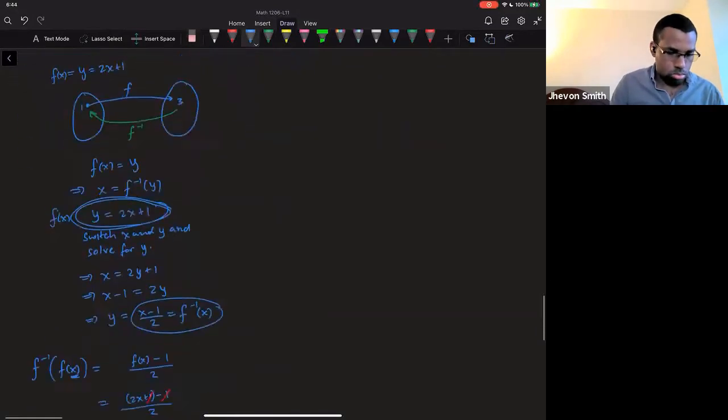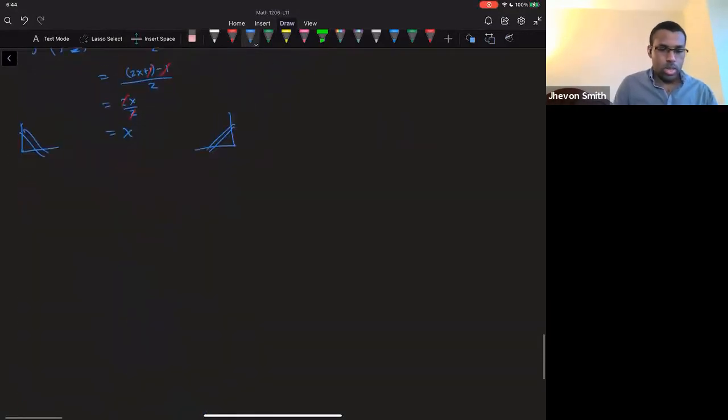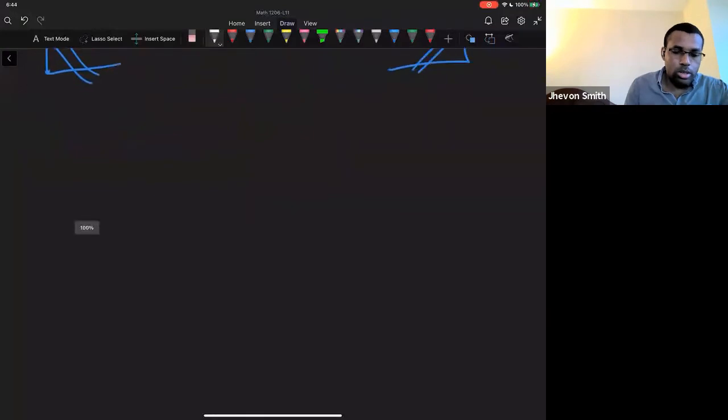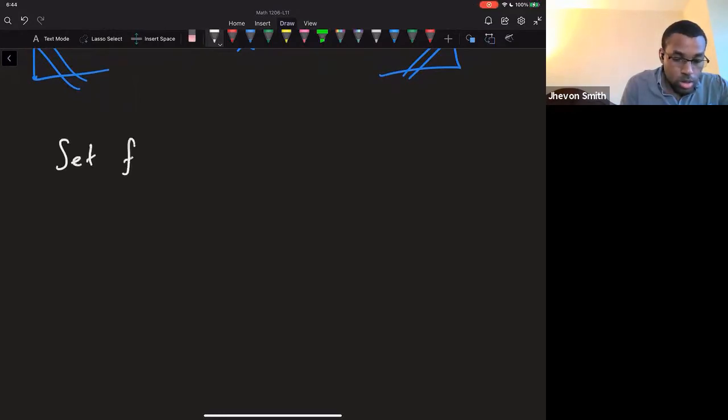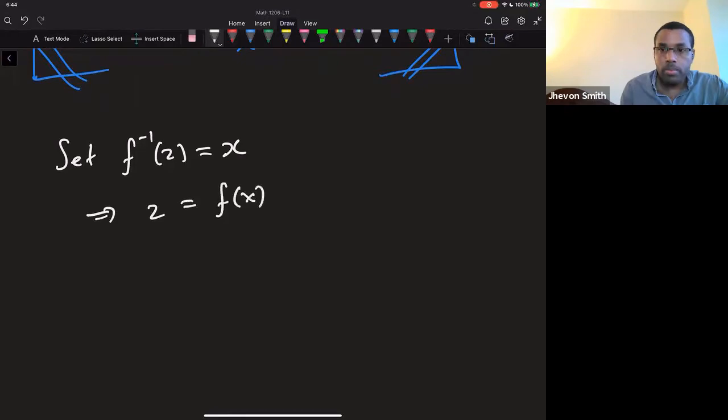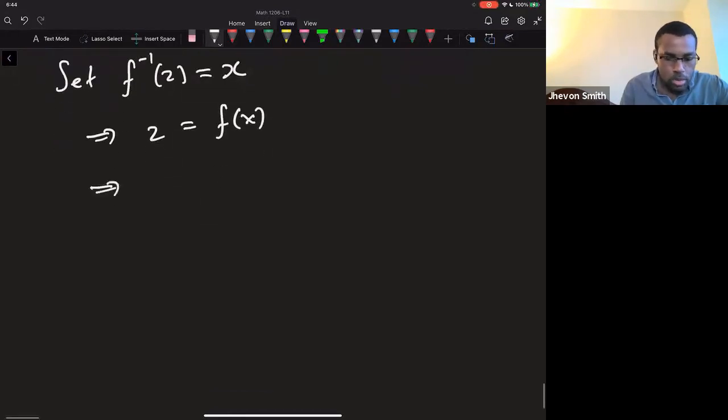So again, based on what we were saying about inverse functions yesterday, if you want to solve for f inverse of 2, you don't know what it is, so you set it equal to some unknown, x. But that would mean, of course, that 2 is equal to f of x. And that would mean that 2 is equal to x to the 5th minus x cubed plus 2x.